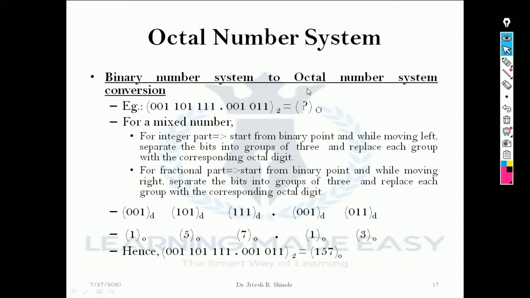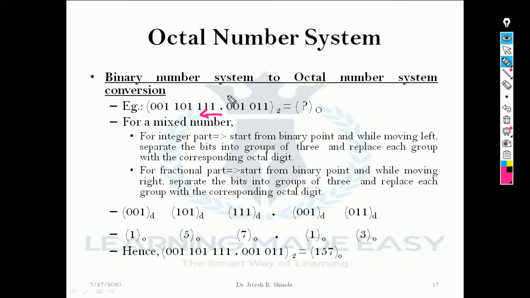Binary number system to octal number system. What is the step? The given number is an example of a mixed number. For the integer part, meaning before the radix point, that means for 001 101 111, start from the binary point and while moving left, separate the bits into groups of 3 and replace each group by its equivalent octal digit.